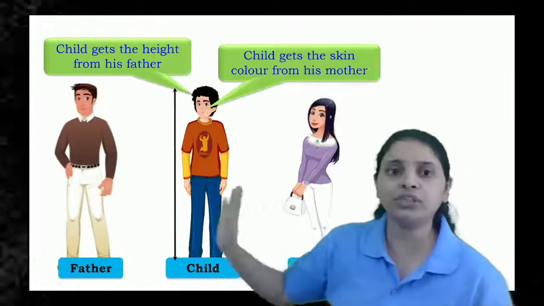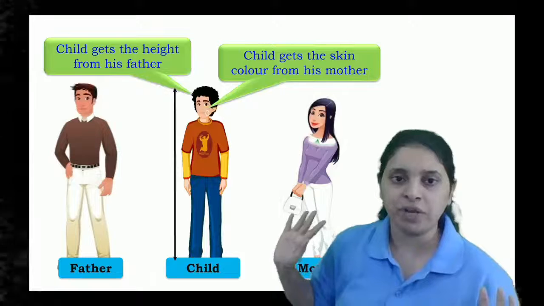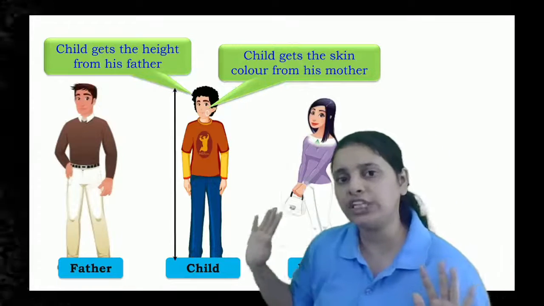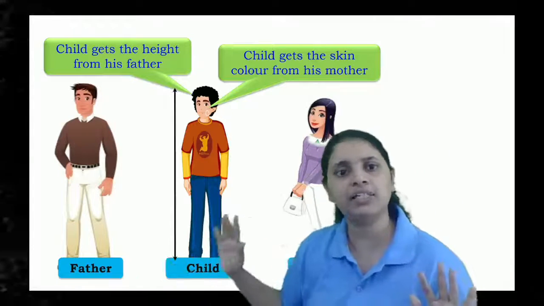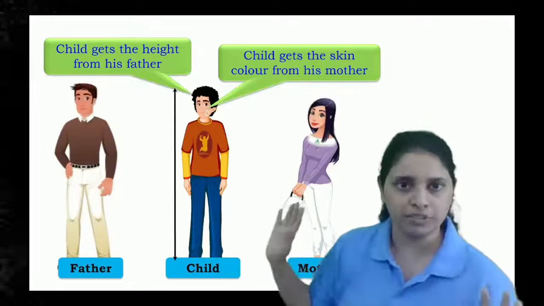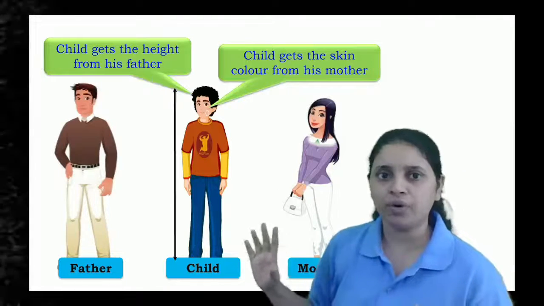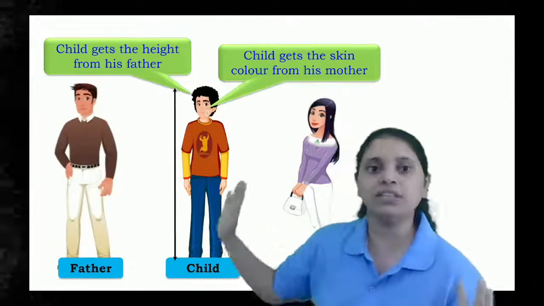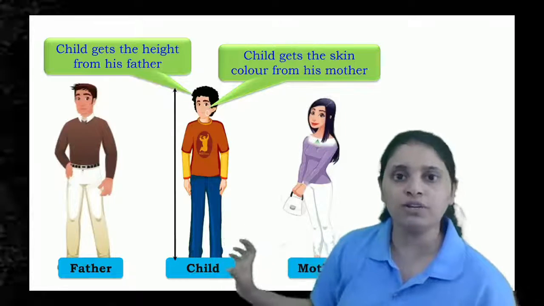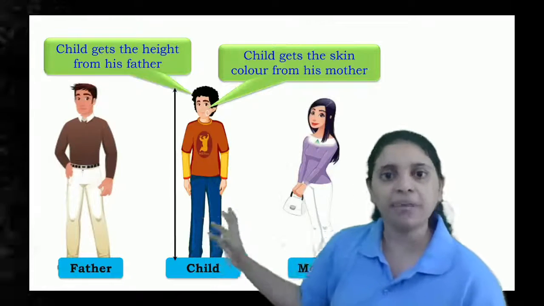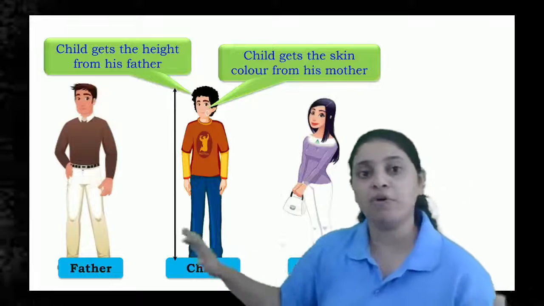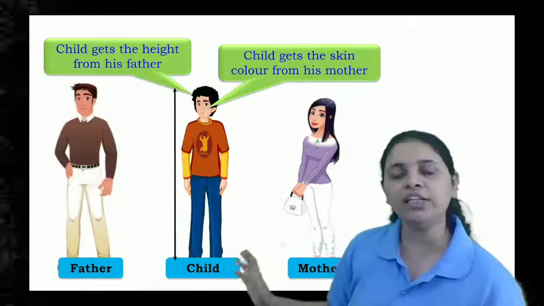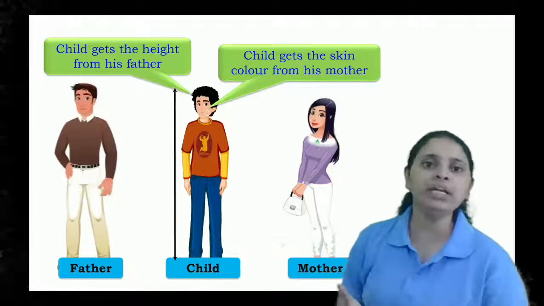Look, genes will come from both, this you have to remember. Okay, 50% of the genetic material comes from father and the remaining 50% from mother. So both have contributed. But here for now in this example we can observe that the child has some characteristics of mother, some of father. So can we say this child is showing some new combinations?